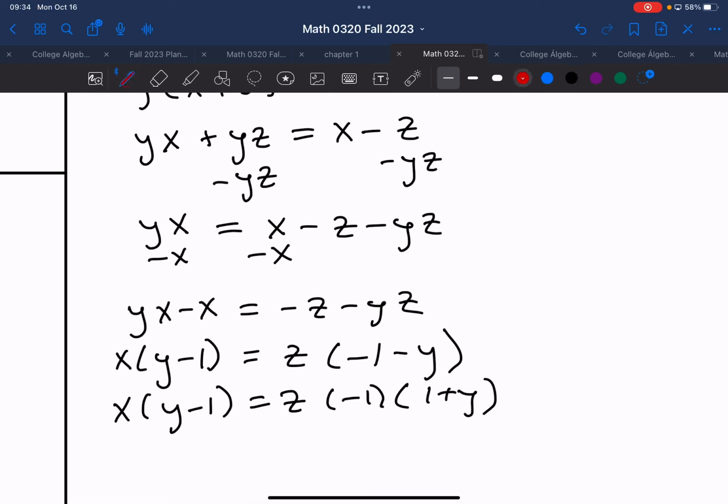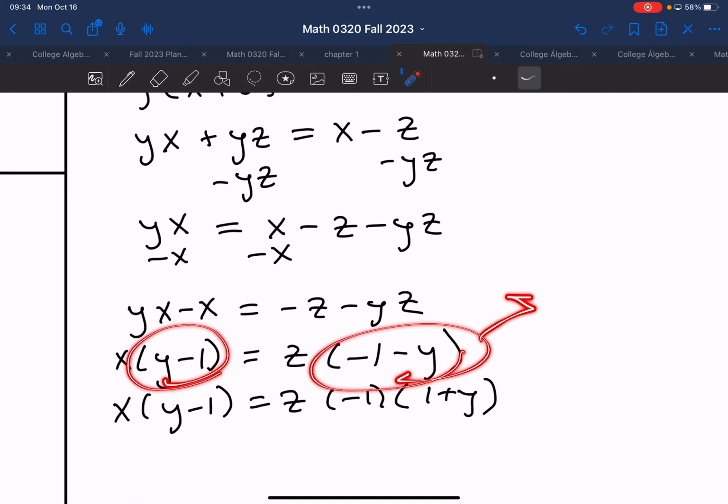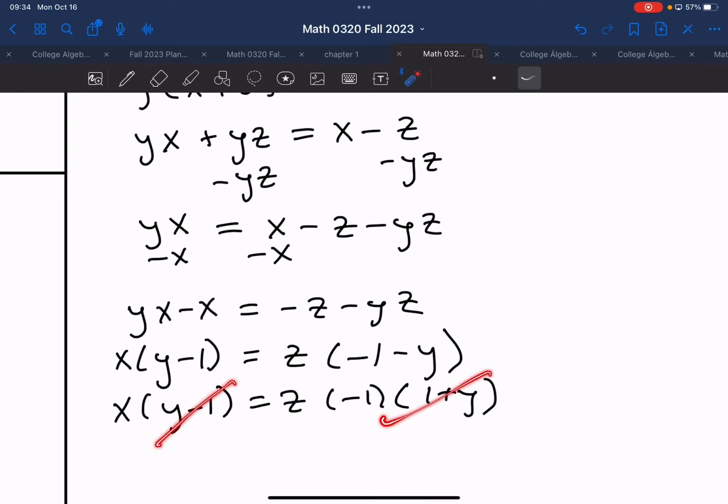Okay, because remember, this is not the same as this, because this is the same as saying negative y minus 1, which is not the same. So it looks like we aren't able to cancel these.